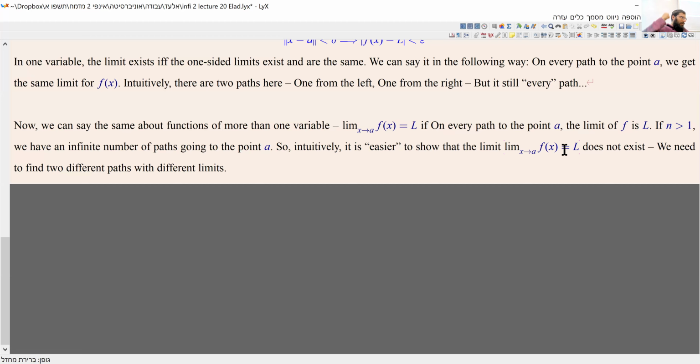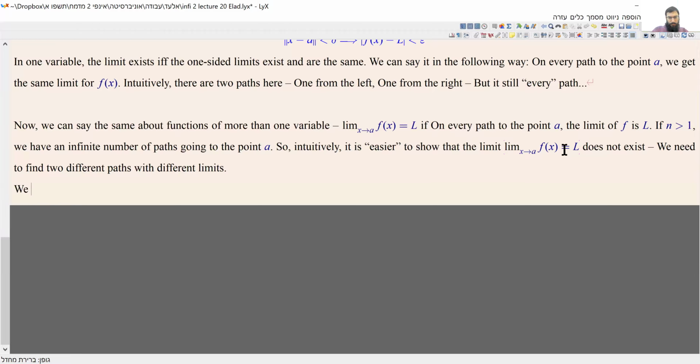Because it's easier, let's begin with it. Do some 3 or 4 examples, give you intuitions. How do I know before I start the exercise that the limit shouldn't be existing? And then we will discuss how can we show that the limit does exist.